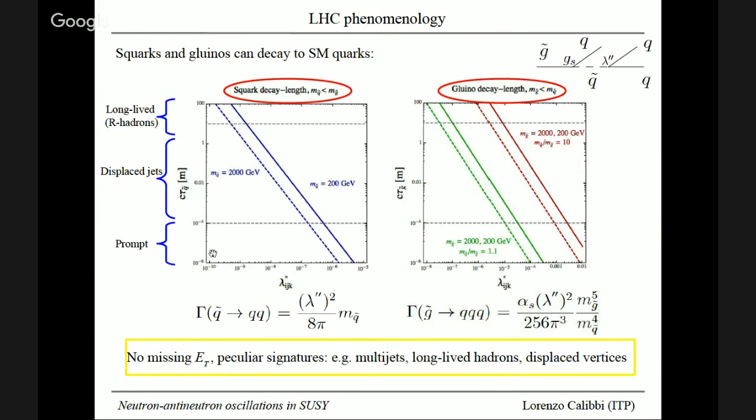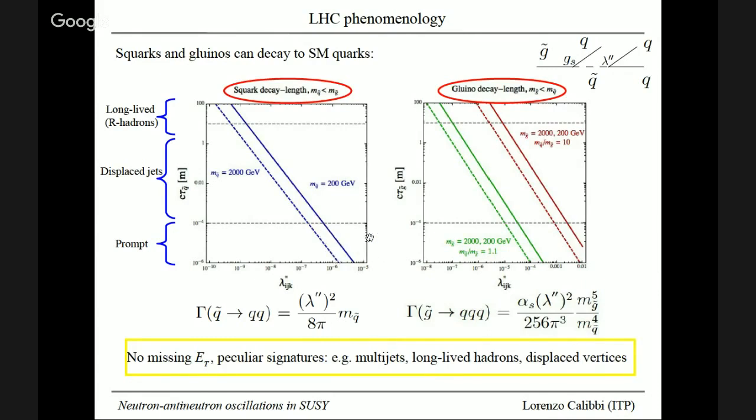So depending on the decay length, so how fast the decay of this particle is, we can have different regimes, different phenomenology within an LHC detector. If the interaction is strong enough, namely above 10 to the minus 6 or more for this new Yukawa coupling, the squark will just decay promptly.